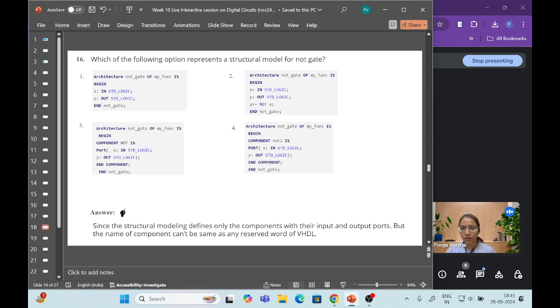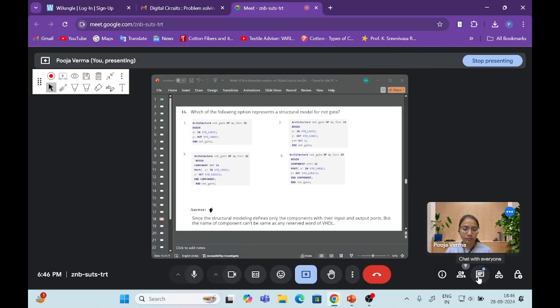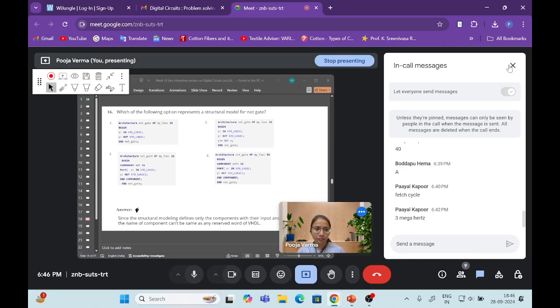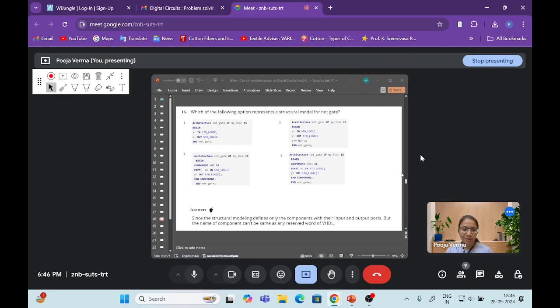Which of the following options represents the structural model for a NOT gate? Please answer in the chat box.